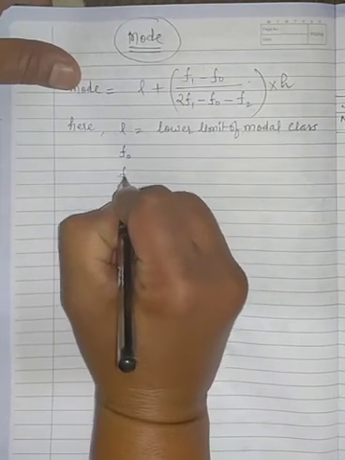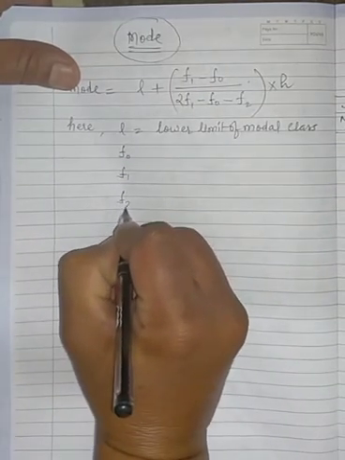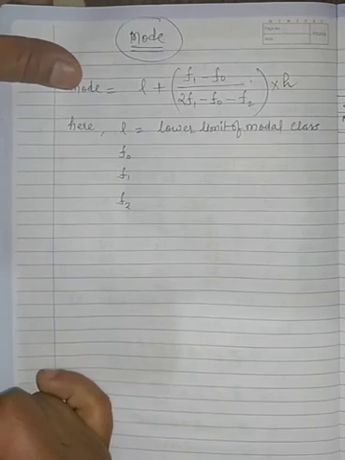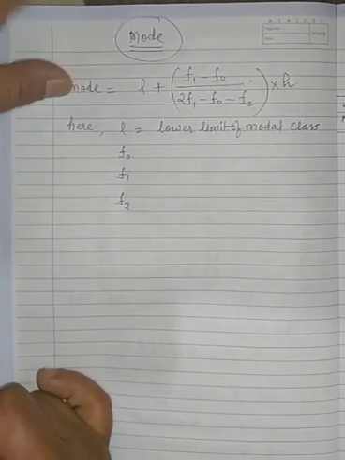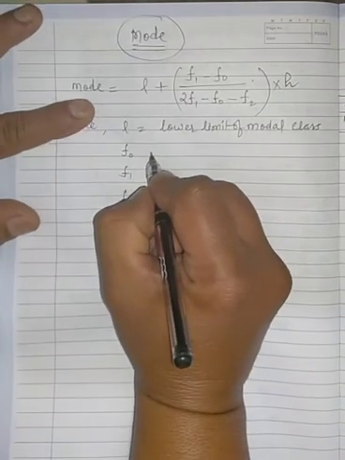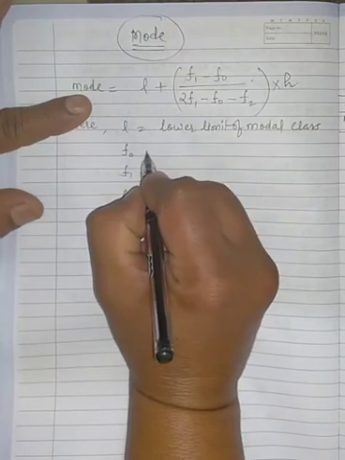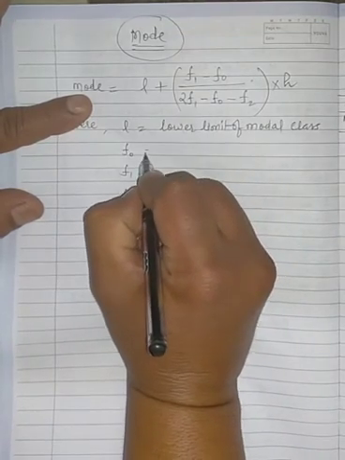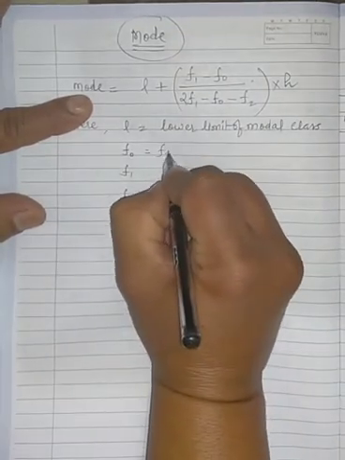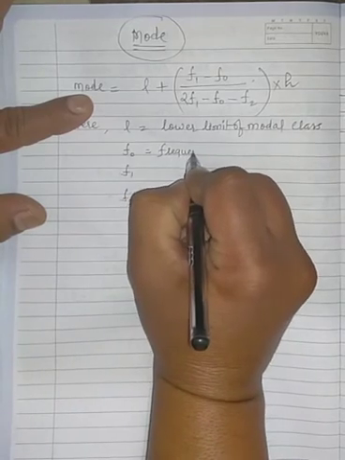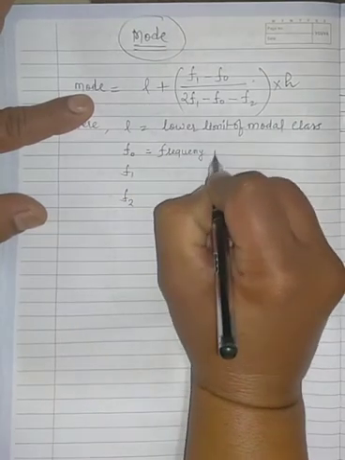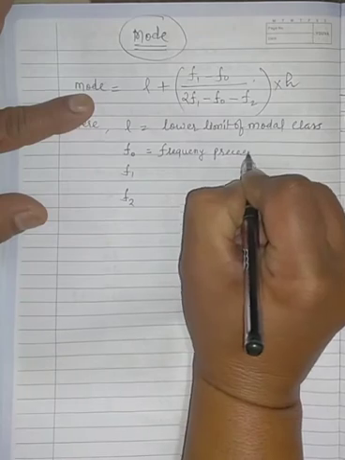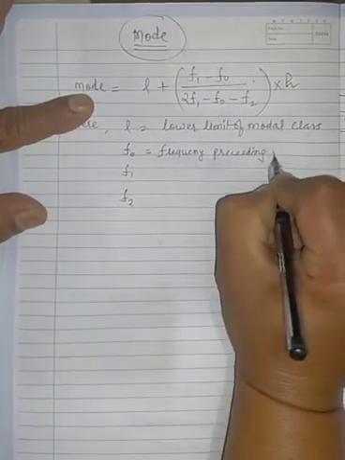F0, F1 and F2 are the frequencies. But here the order of the frequency is: F0 is the frequency preceding modal class.